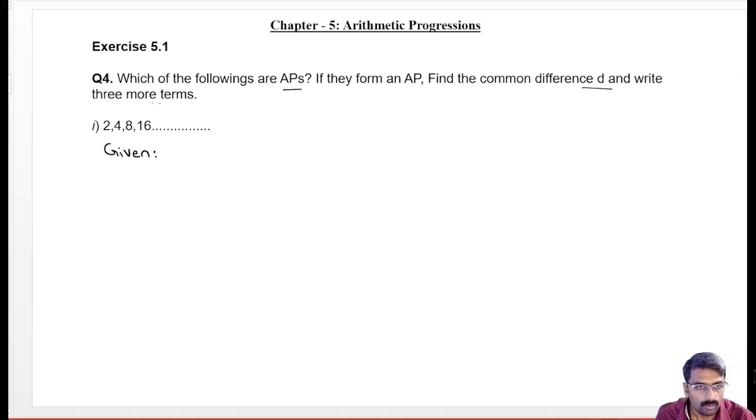Given terms. What are the terms? 2, 4, 8, 16 and so on. So what would be our first term here? First term would be A1, that should be 2. And we need to find the common difference.